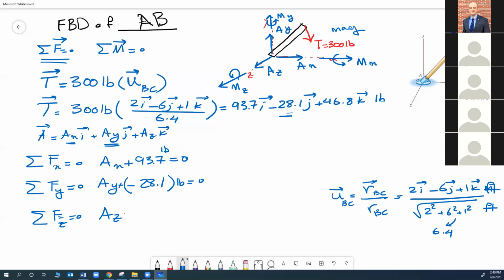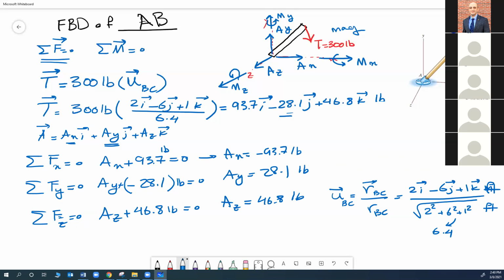AZ plus 46.8 pounds equals 0. Easy enough, right? So my AX is going to be minus 93.7. AY is going to be 28.8. AZ is going to be 46.8 pounds.